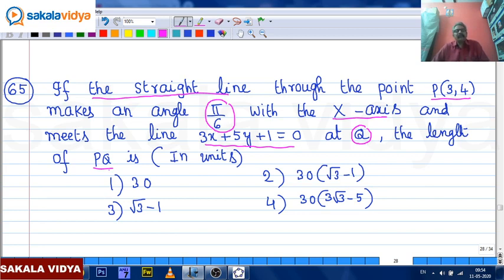Get the equation of the line, solve it with 3x plus 5y plus 1 is equal to 0, we get point Q. Already point P is given as (3, 4). If you find the distance between P and Q, you get the answer. This is one of the methods. Otherwise, there is one shortcut method that I will explain now.